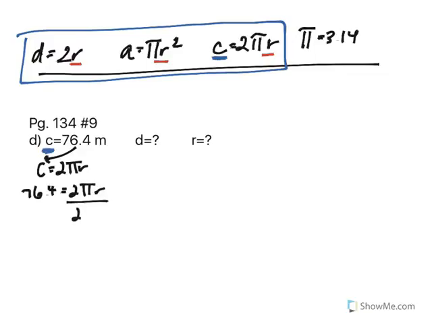We want to get r by itself, so we divide both sides by 2 pi. And remember what Ms. G said about dividing by 2 pi in your calculator. Make sure that you put the 2 pi in parentheses. And we get the radius is 12.1.